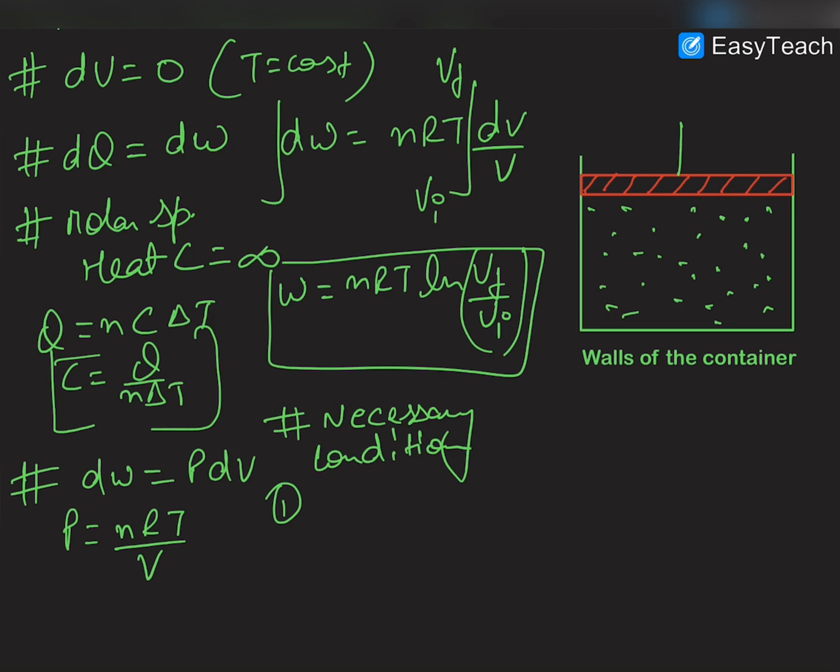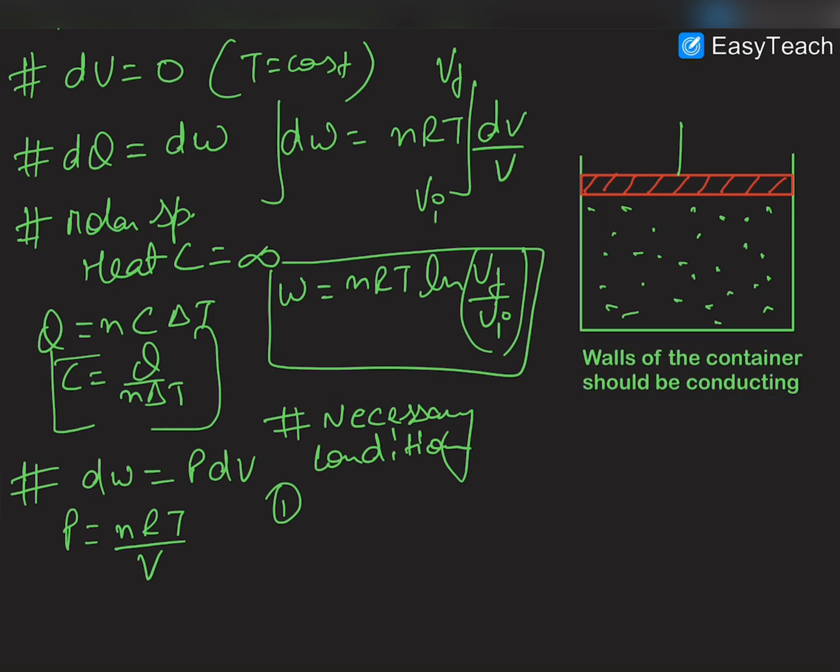So the process would not be isothermal, because temperature is not constant. If we want the process to be isothermal, we need to dispose of that extra amount of heat generated by the collisions of molecules. For that, the walls of the container should be conducting.